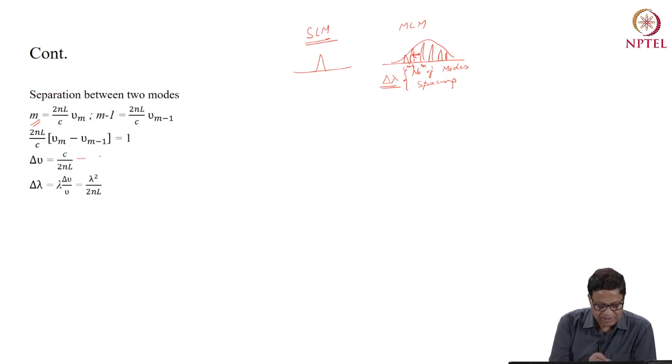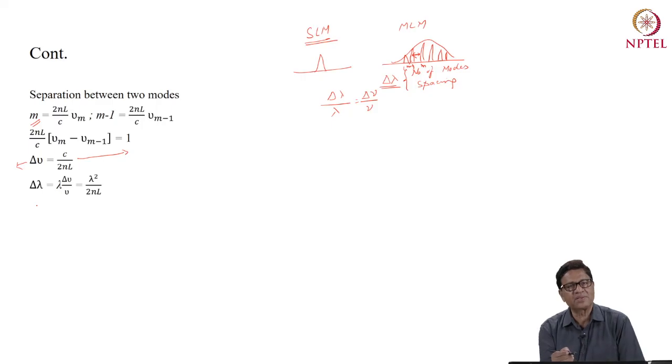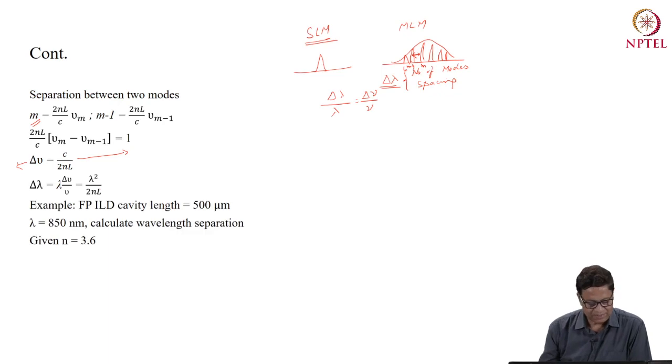I can write this in terms of delta lambda using the expression delta lambda over lambda is equal to delta nu over nu. This is in delta nu, and I want it in terms of delta lambda, because normally the spectral width is expressed in nanometers. So this will be lambda square divided by 2nL.